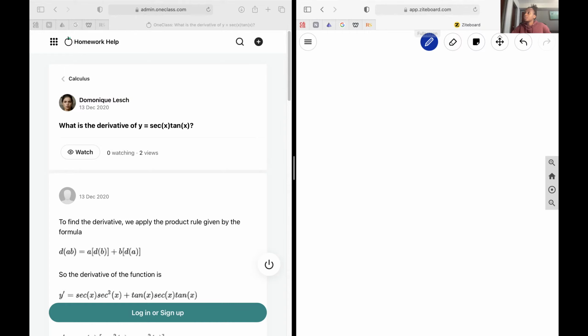Okay, next up, we are going to be looking for the derivative of secant x multiplied by tan x. So we're going to be making use of some rules here.